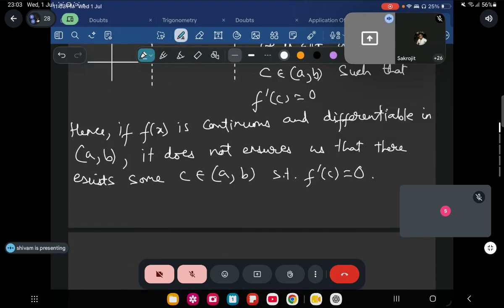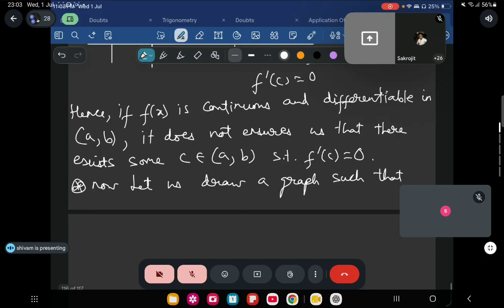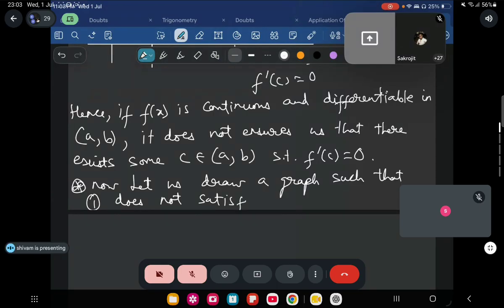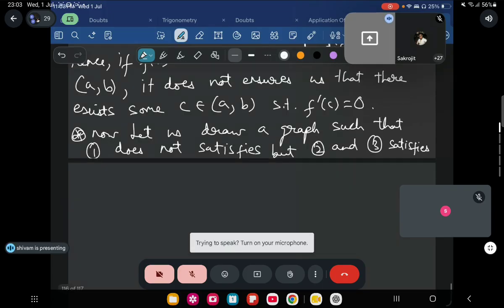Let us draw a graph such that condition 1 does not satisfy, but conditions 2 and 3 are satisfied.